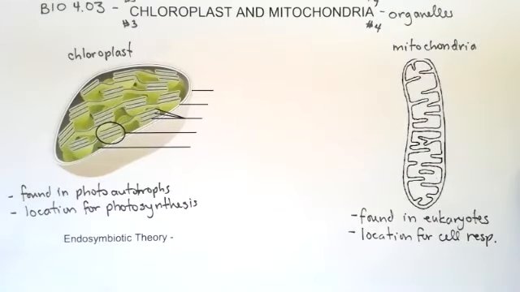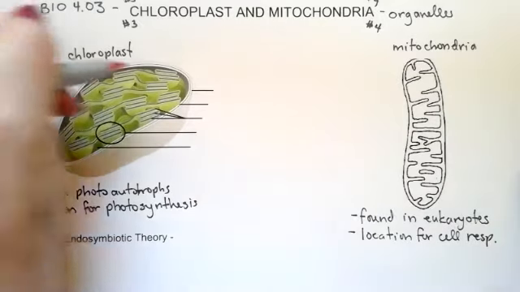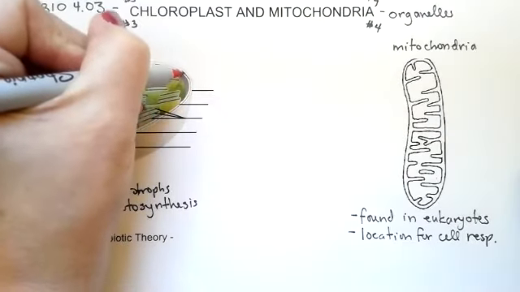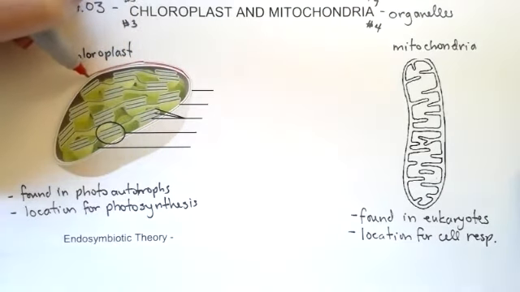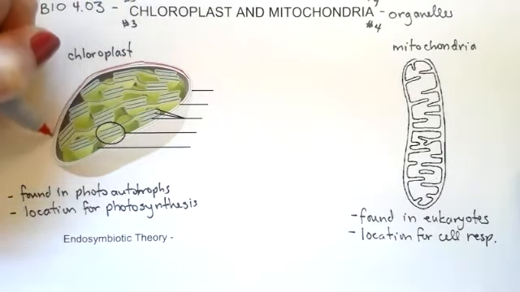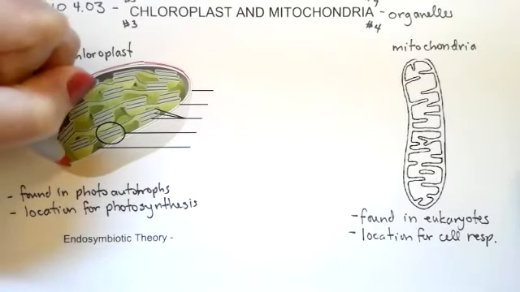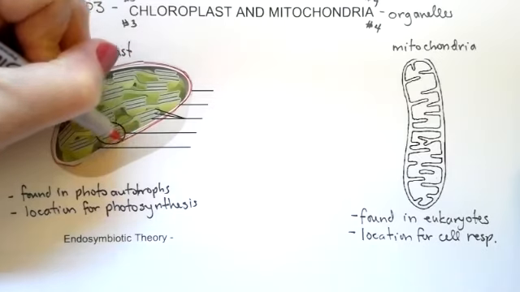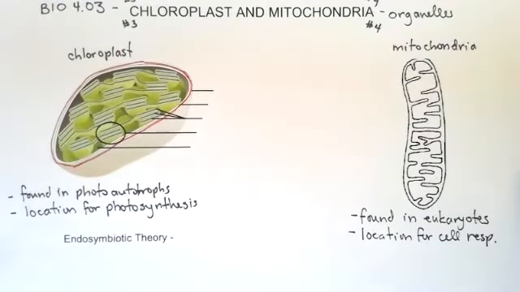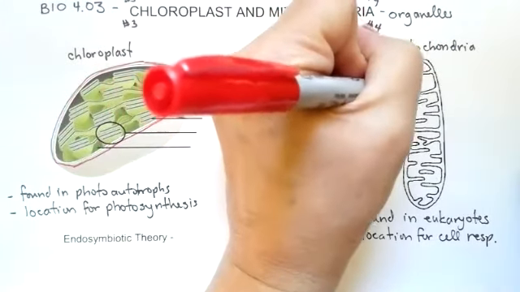All right, well, let's start off with the parts. You're going to notice that in red on both of these structures, this first arrow is pointing to two layers. Notice we have two. We have an outer line here, and we have an outer line here.